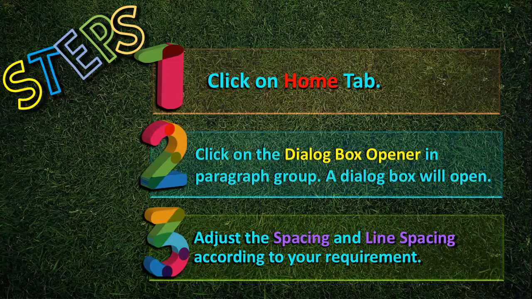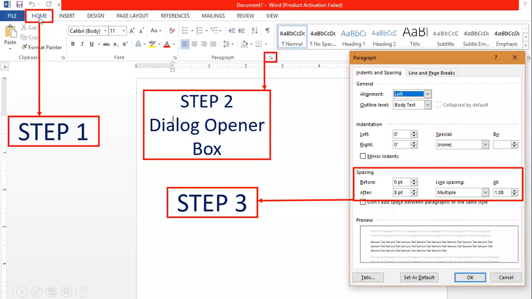When you click on that, one dialog box will open. In that, you will get the options for spacing and line spacing. Let's see the steps once. First step, you need to click on the Home tab. After the Home tab, this diagonal arrow which you can see on your screen is the dialog box opener. This is the Paragraph group, as you can see, the name of the group is mentioned here.